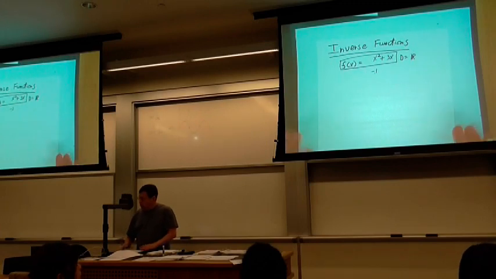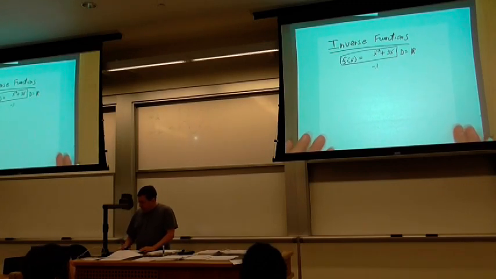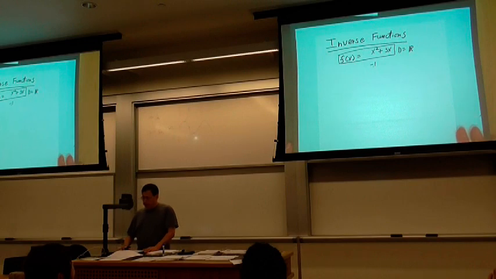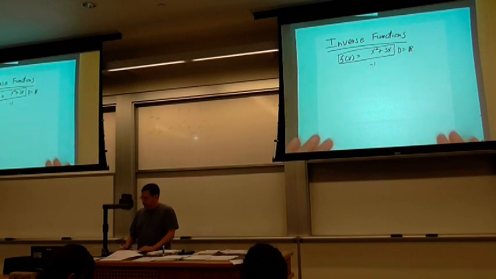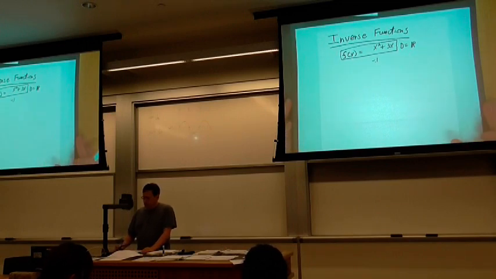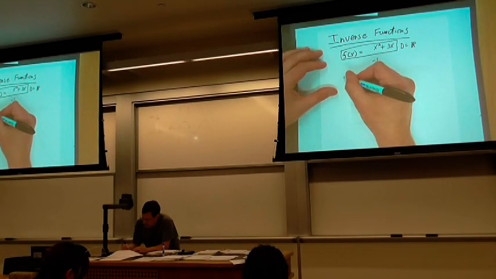Okay, that's the way you usually think of a function. In mathematics, we define a function a little more abstractly. Before I tell you what a function is, I'm going to describe something even more general called a relation.